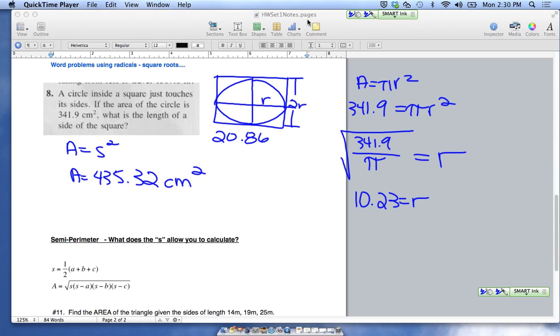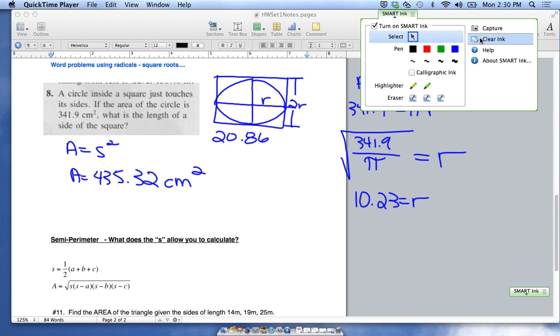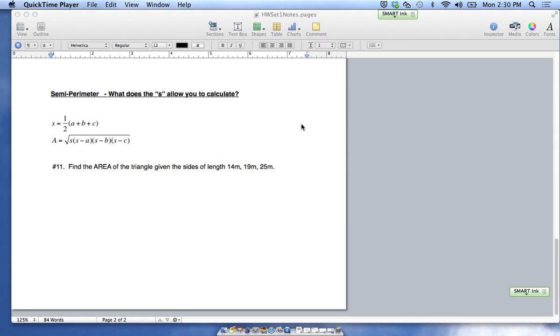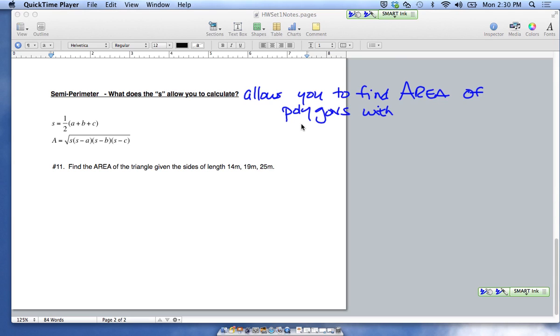And finally, the last topic is probably something new. It's a semi-perimeter. And the semi-perimeter allows us to find the area of polygons without the standard formula.